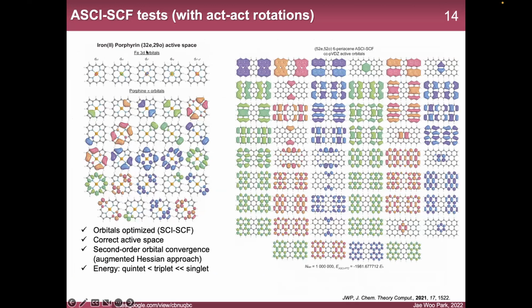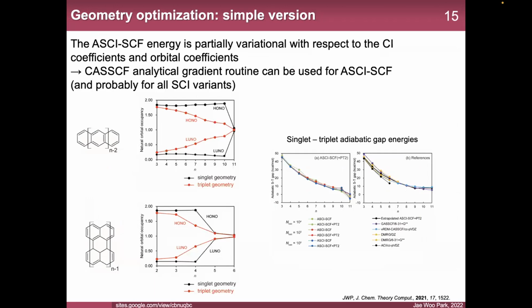So I tested some ASCI-SCF convergence for this kind of iron porphyrin active space, 32 electrons in 29 orbitals, and hexa-peri-benzocoronene, which has 52 electrons in 52 orbitals, like this. And I saw the convergence, and the active space is still correct physically, and the energy for iron porphyrin is now somewhat correct.